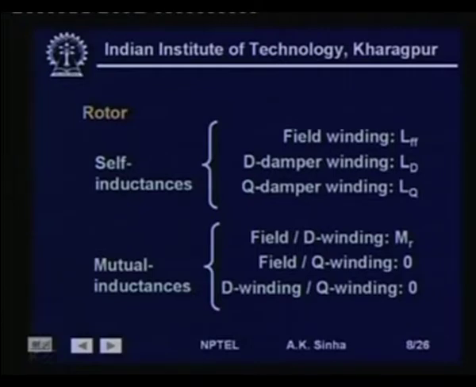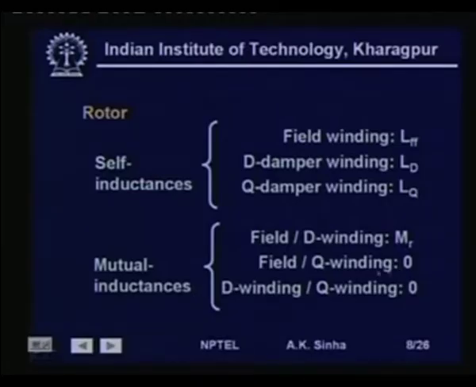Now, field and q winding mutual inductance is going to be equal to 0, because the q winding is in quadrature with the field winding, which is on the d axis, and therefore, the mutual inductance is 0.